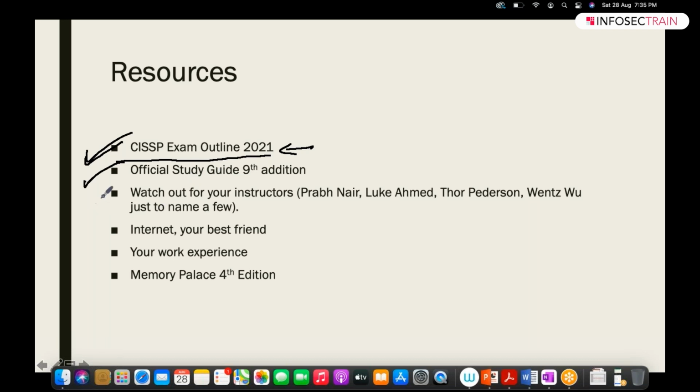Watch out for your instructors. The community is very small. The security fraternity is very small, and everyone is very generous in contributing towards the community. You have a lot of people like Prabh, Luke, Thor, Wenswu, you have Mad Unix, plenty of people out there who are contributing each day.